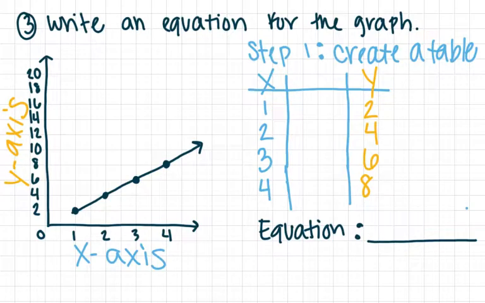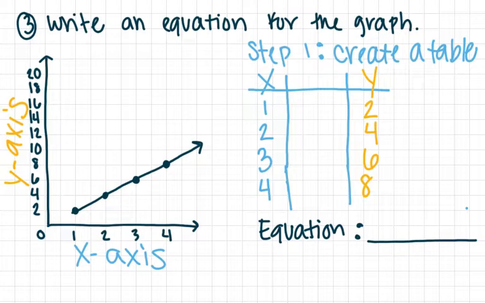I can either be adding 1, since 1 plus 1 is 2, or I'm multiplying by 2. If I add 1, 1 plus 1 is 2. That works. 1 plus 2, is that 4? No, it's not. So I'm not adding 1.